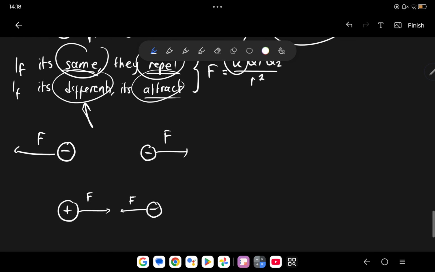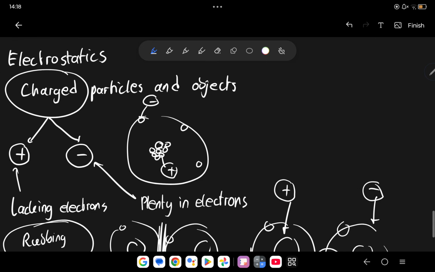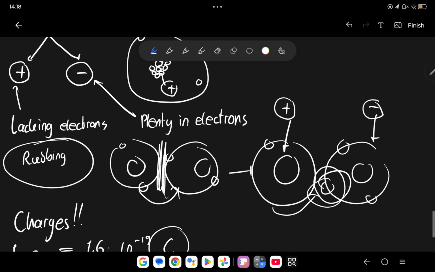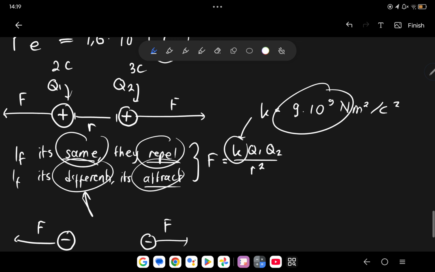Okay, see, quite easy. Let's do a quick recap. So charges, we have charged particles, and we can make something more negatively charged by rubbing it, and the electrons will move. And there are interactions between the charges. One of them is forces acting on them. The forces appear because they're charged.